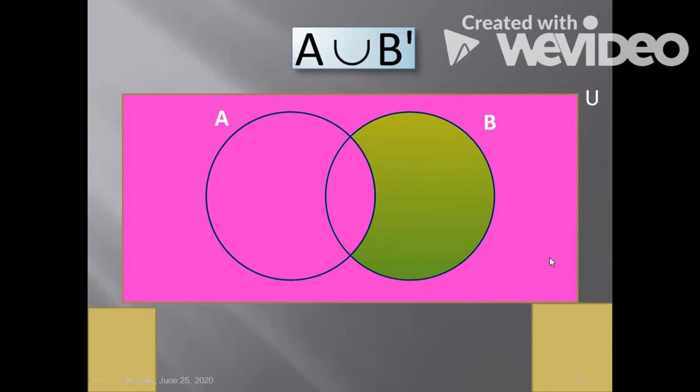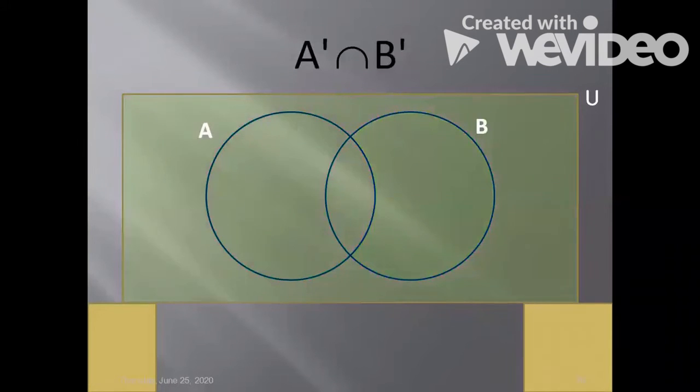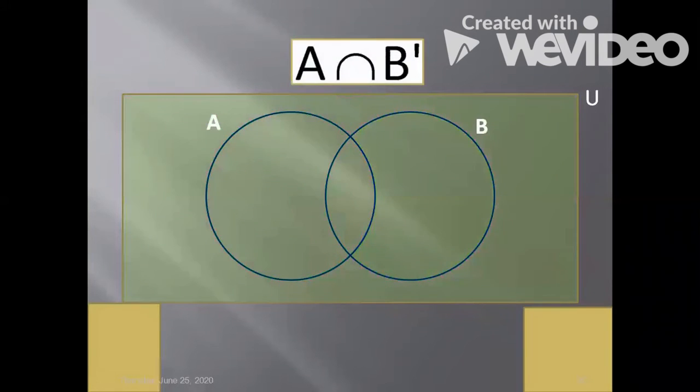So let's fast forward to this. All right. So this is not union now. This is what? Intersection. All right. Now this is different from the previous one I'm going to show you a while ago. A intersect B complement actually means what is in A but not in B, or A alone.